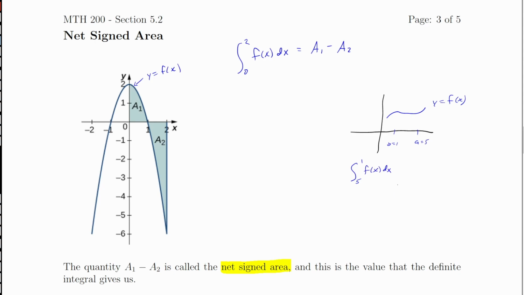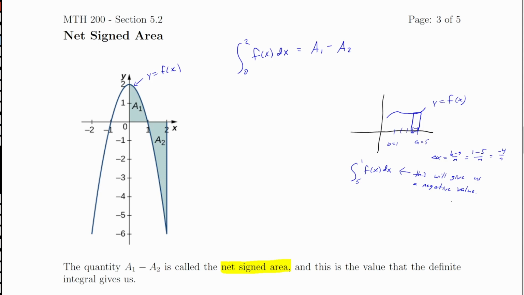In my formula, when we look at the width of the rectangles, our formula is delta x is b minus a over n. But now that's going to be 1 minus 5 over n, or negative 4 over n. So when I chop this thing up into pieces and I look at each of those pieces, what I want to be the width of the rectangle is a negative number. So it's not strictly speaking a width, because widths are not negative. But in my formula, I get a negative. So when I add all of this stuff up, it's going to give me a negative value.